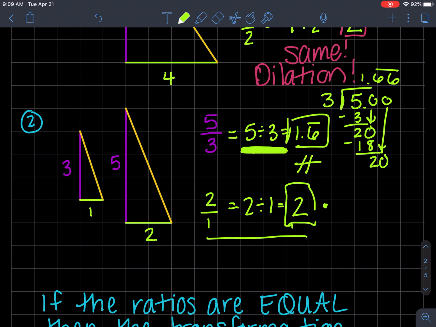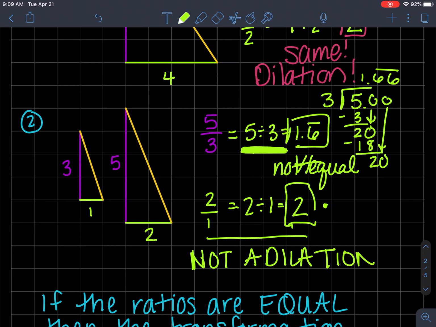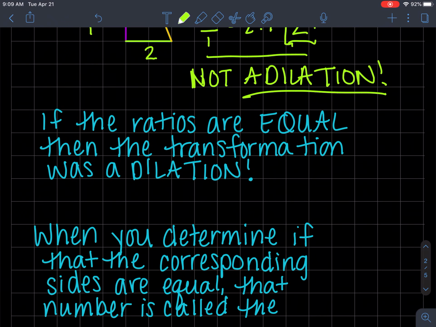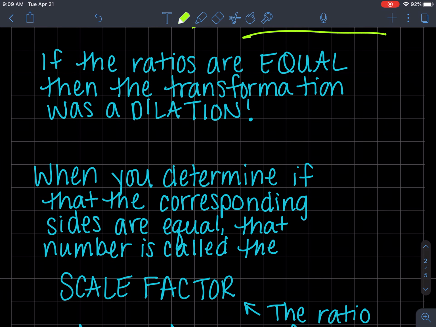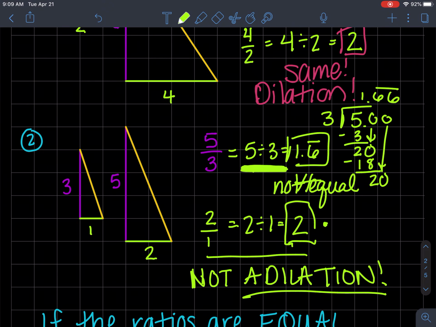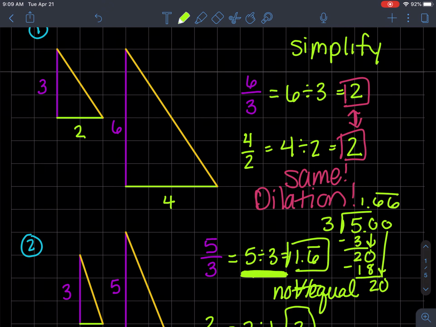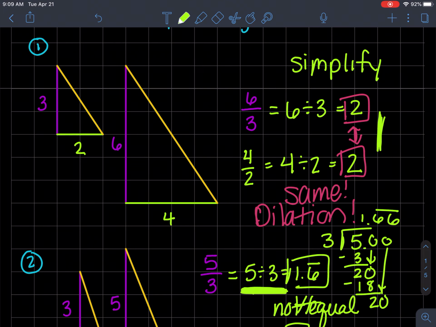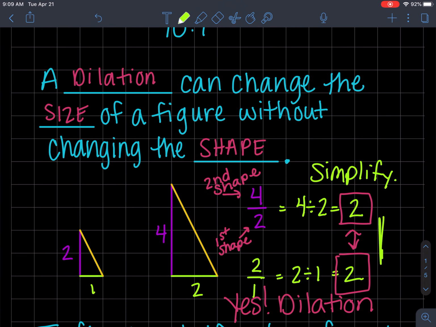These are not the same. So this is not. All right, so the next piece of this: if the ratios are equal, then the transformation was a dilation. So not equal, not a dilation; equal, dilation; equal, dilation.